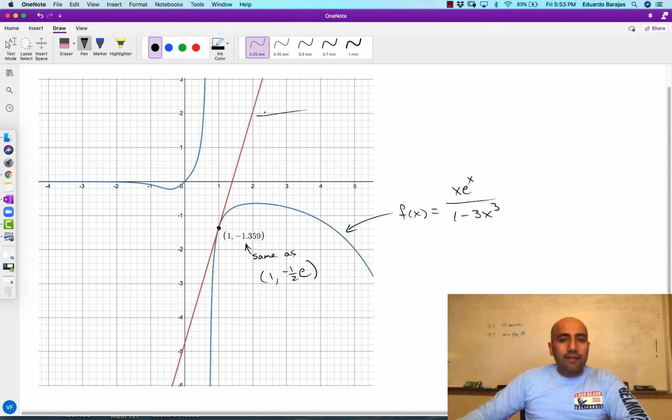And then we find that the equation of this line is y equals 5/4 e x. Remember, this whole thing here, including the e, is the constant. It's the coefficient in front of the x, minus 7/4 e. Okay, so that's the equation of the line tangent.